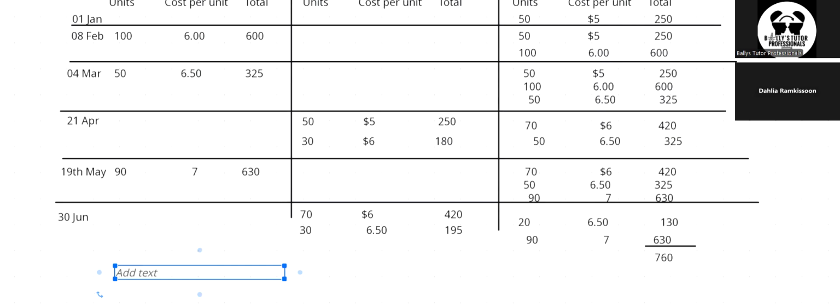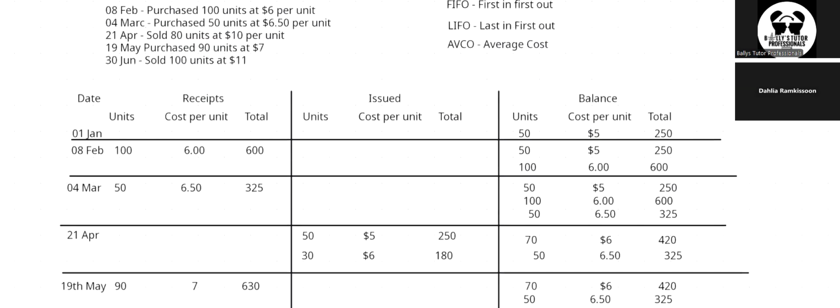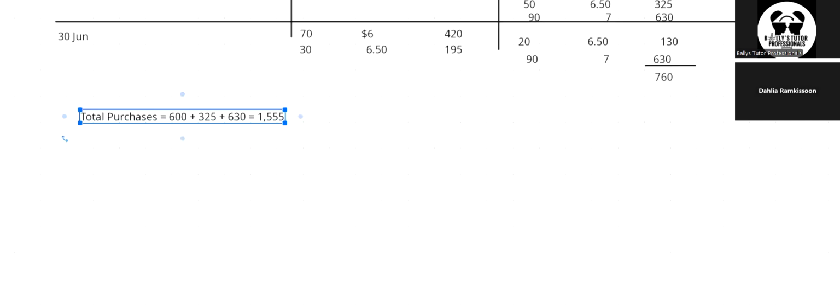If I needed opening stock, I would just come here. The stock that I started off the year with. The 50 units at $5 each, 250. That would be my opening stock, or opening inventory, whichever one you want to call it.